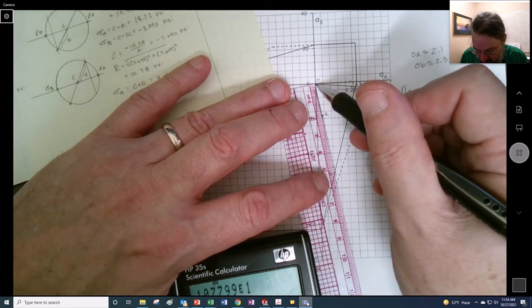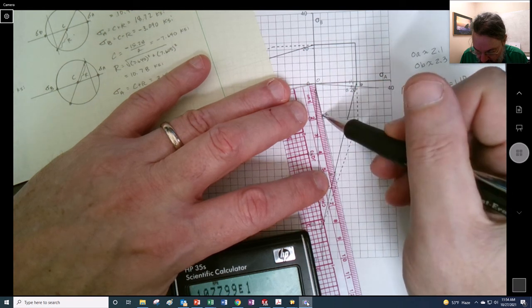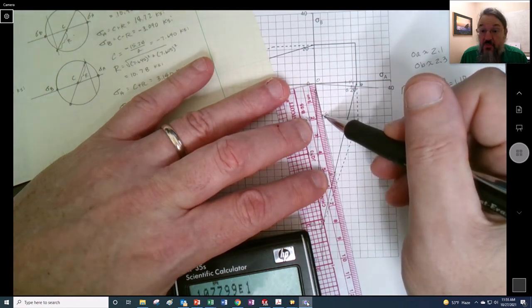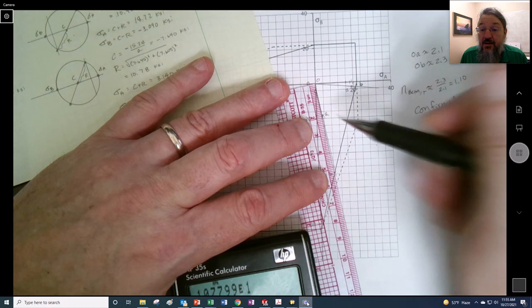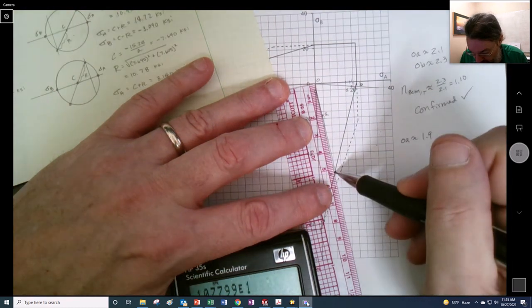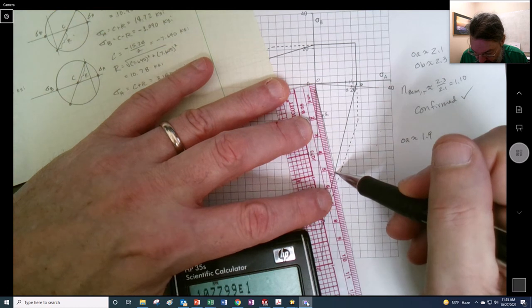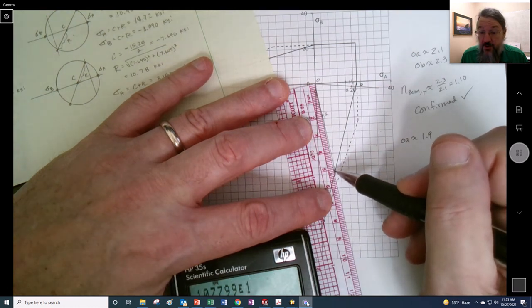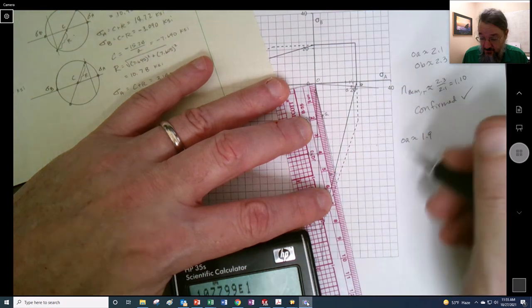Okay, so maybe, yeah, maybe not. So that looks like a 1.9 to me. And then B, we get 5.3. Oh, it looks like 1, 2. I'm looking up on the screen here. I'm going to go 5.3.